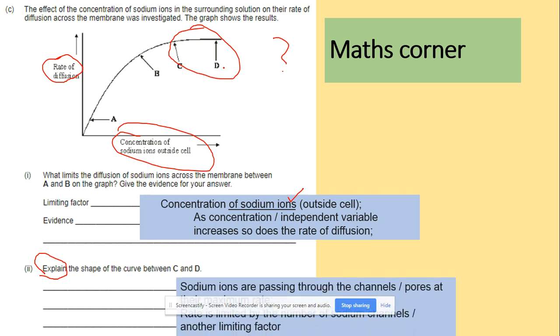So the sodium ions are passing through the channels at the maximum rate, and the rate is limited by the number of sodium channels. Another limiting factor here, because concentration increases but the rate levels off. So what could be another limiting factor are the channel proteins, because it's facilitated diffusion.